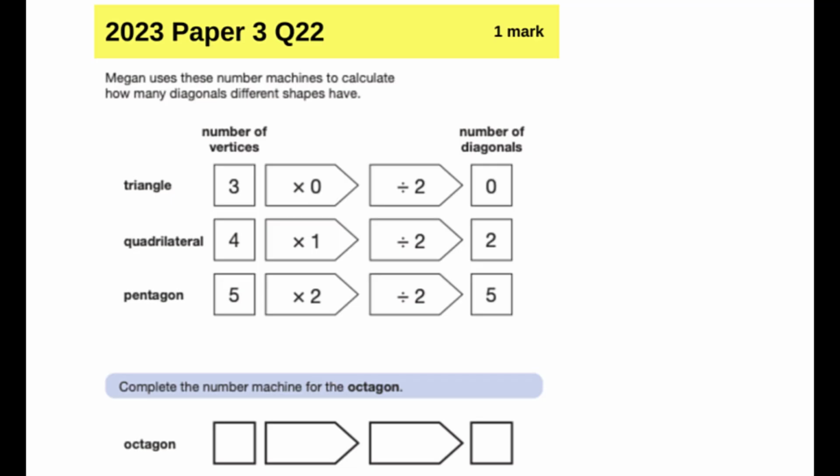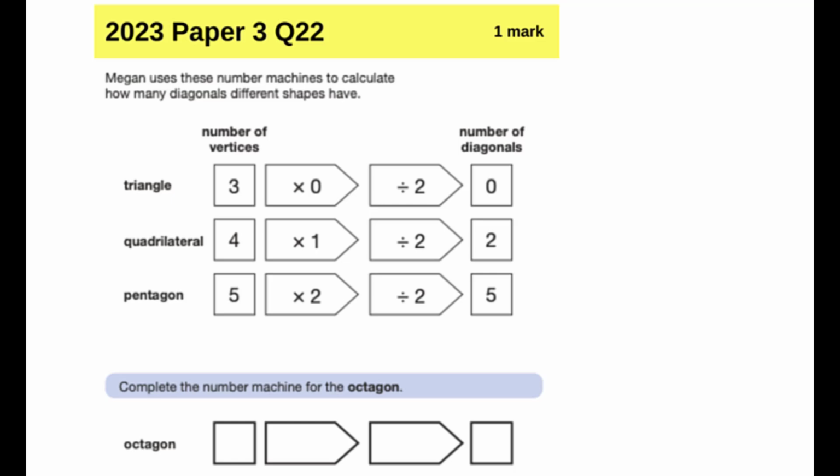Paper 3, question 22. Megan uses these number machines to calculate how many diagonals different shapes have. And we have some various shapes down the side: triangle, quadrilateral, pentagon. It's labelled how many vertices they have. So vertices are the corners.